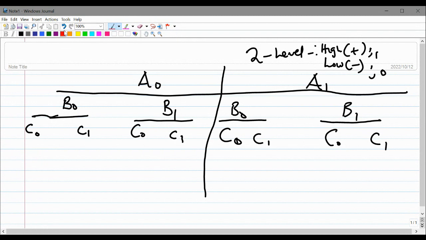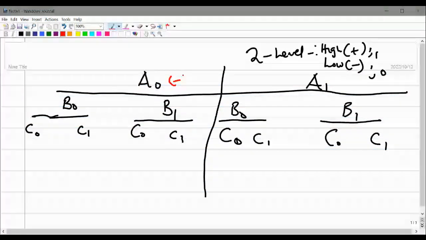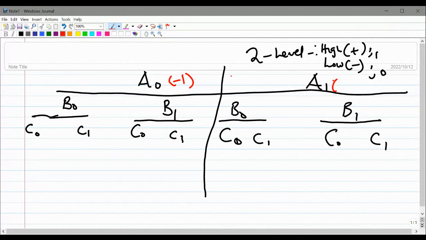So in our case here, these signs, you don't have to stress. When you see A subscript 0, it means A is at a lower level. Let me not put a bracket, because a bracket means something. If I say -1, it means A is at a lower level here.